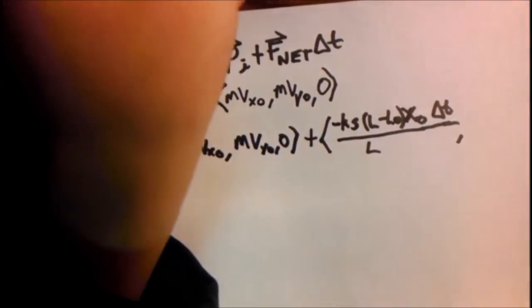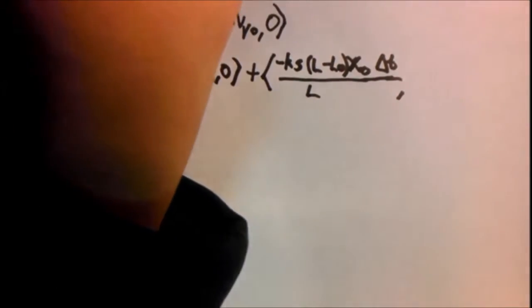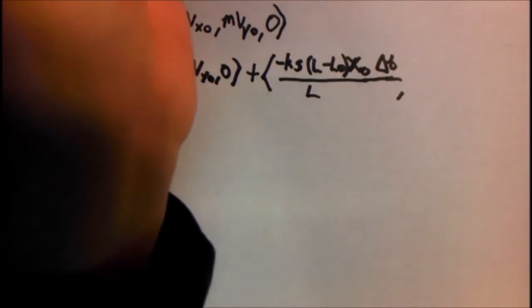I've already multiplied delta t into F net to make it simpler, but you could go into several other steps.